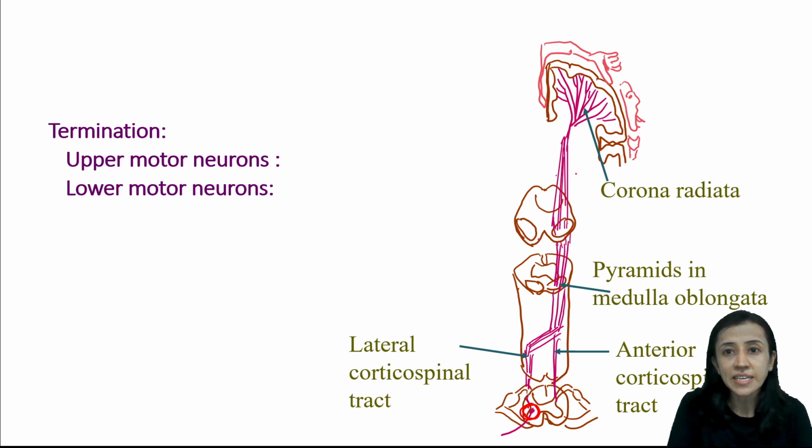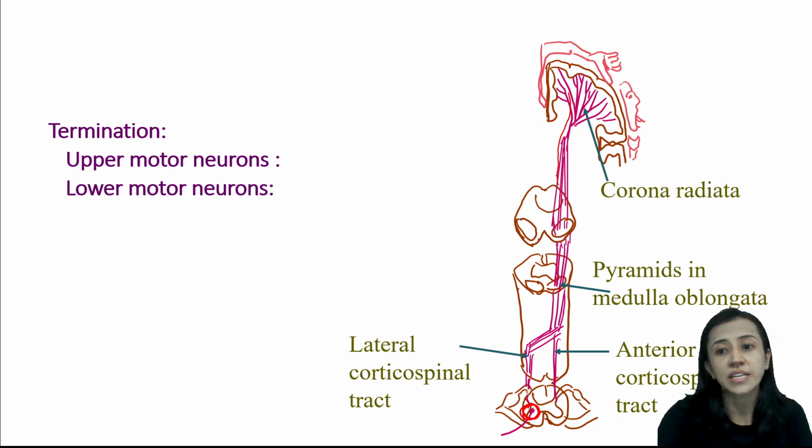So you can see here, these fibers are upper motor neurons. Upper motor neurons are the neurons that originate from this motor cortex. So the upper motor neurons are the pyramidal tracts, and the lower motor neurons originate from the anterior horn, the ventral horn of the spinal cord.